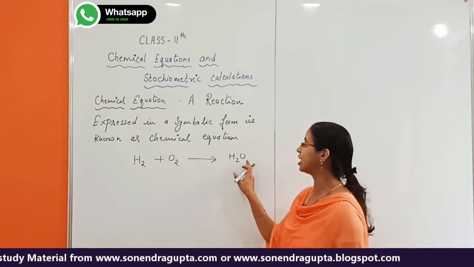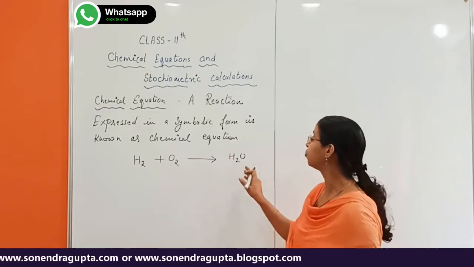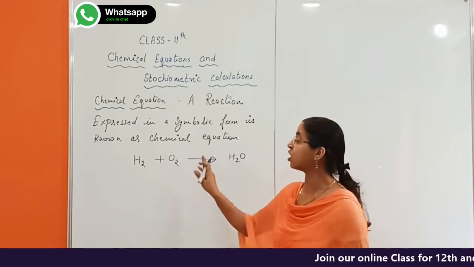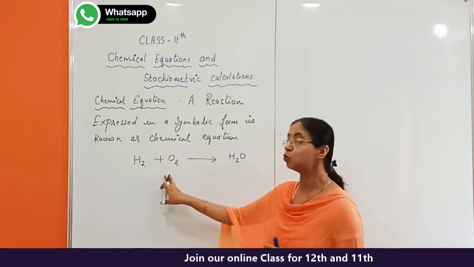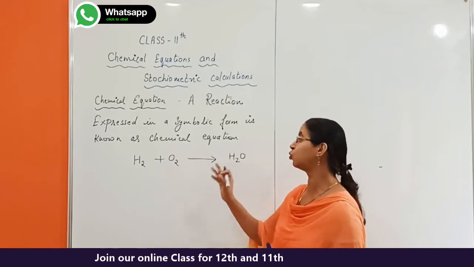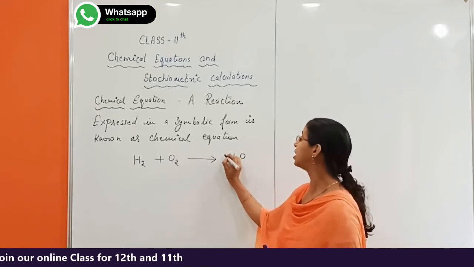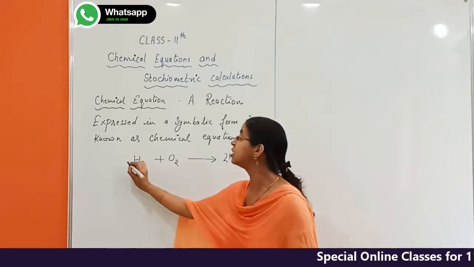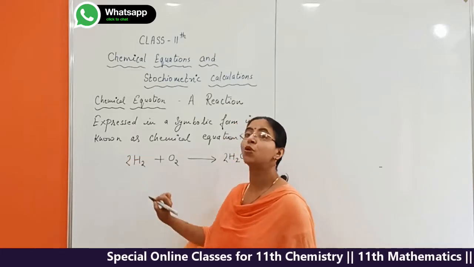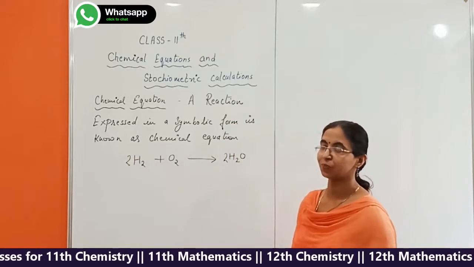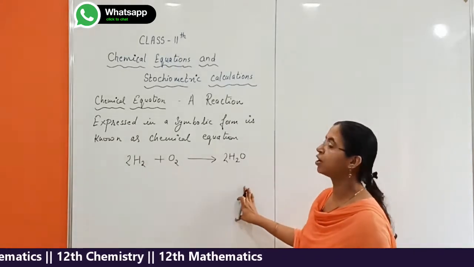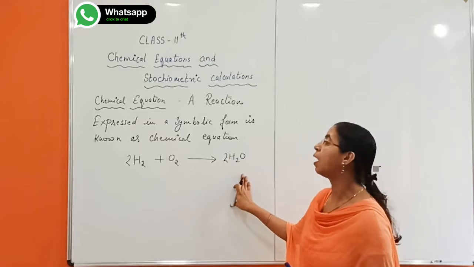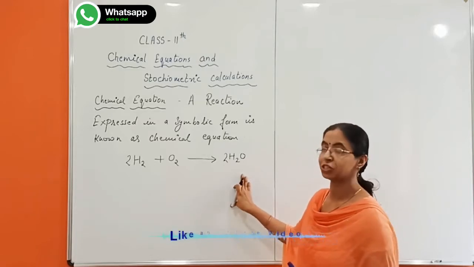So in this equation, the water has only one atom of oxygen and on the left hand side there are two atoms of oxygen. So you have to write a certain number in front of the reactant as well as product to give a balanced equation. So first of all, for any stoichiometric calculation, you need a balanced equation.